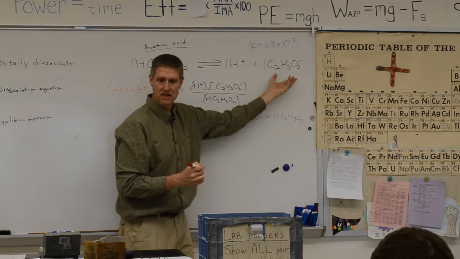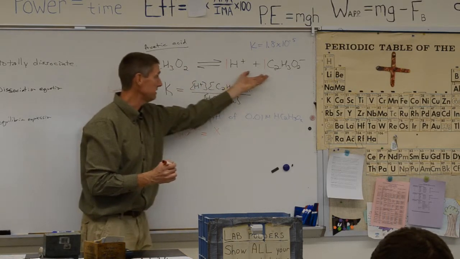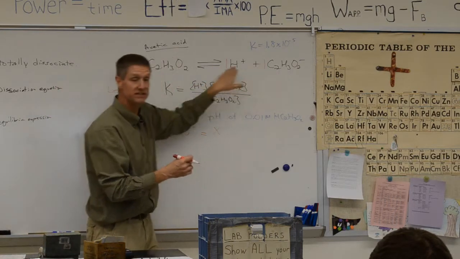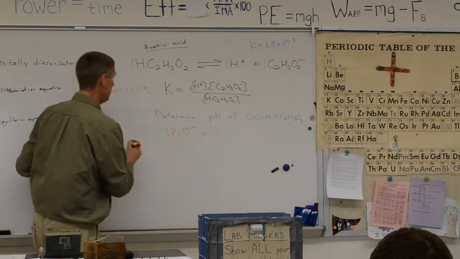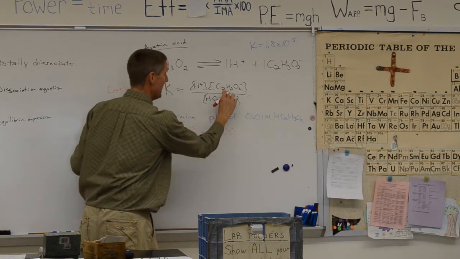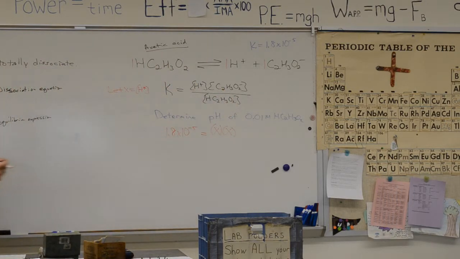Does that make sense? If I've got a molecule that breaks apart, no matter how many of them break apart, I'm going to make the same number of these two things. So therefore, my acetate concentration is also X. Not too bad?